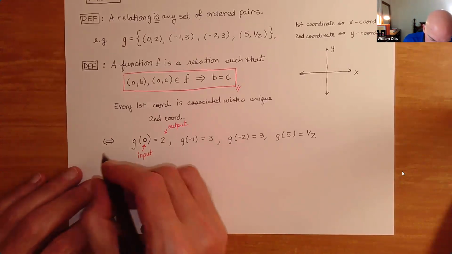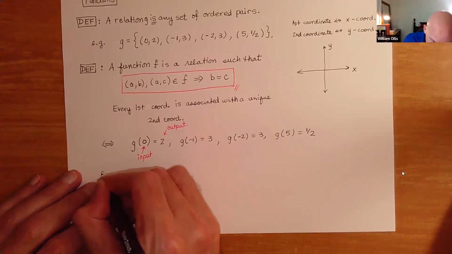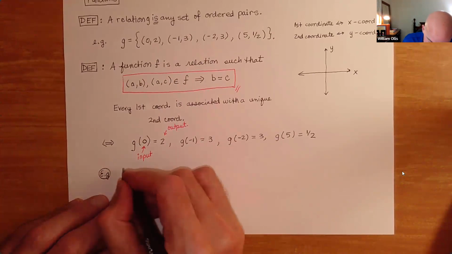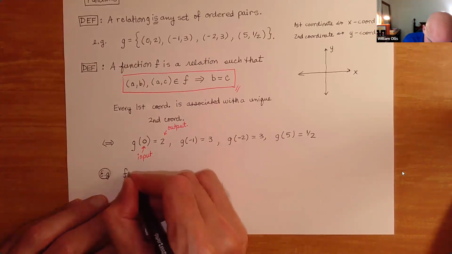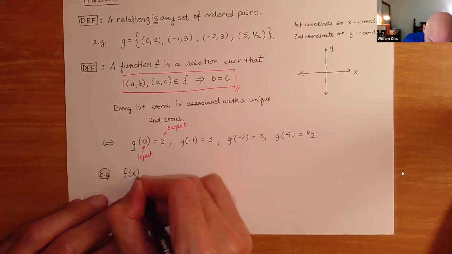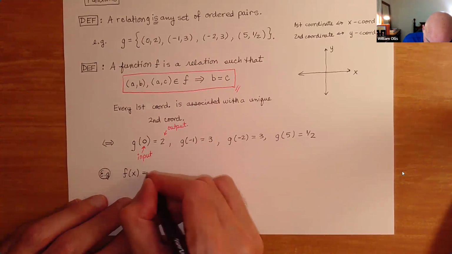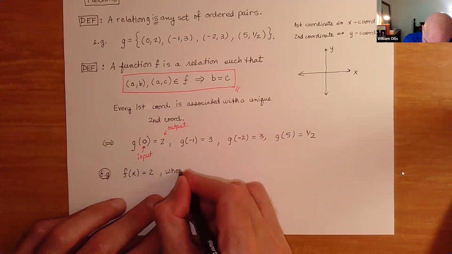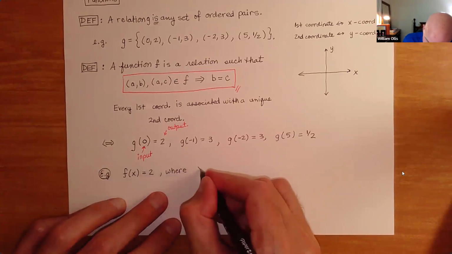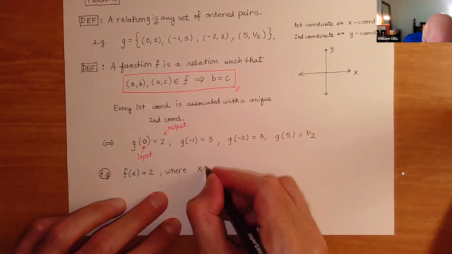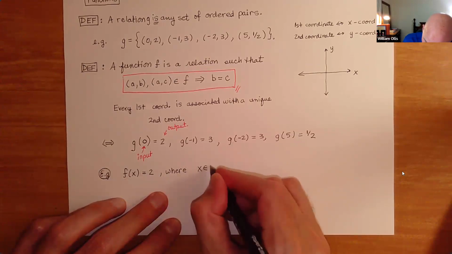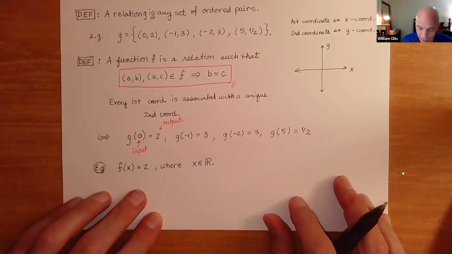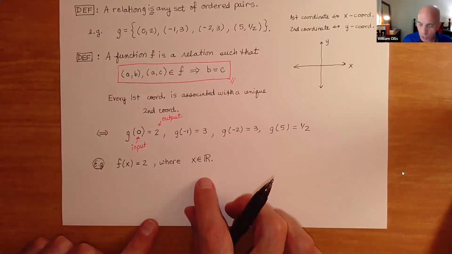So here's a very simple example. Let's define a function. In this case, we'll say f of x equals 2, where x is a real number. So we'll just say x is an element of R. So this is probably more like what you're thinking about.